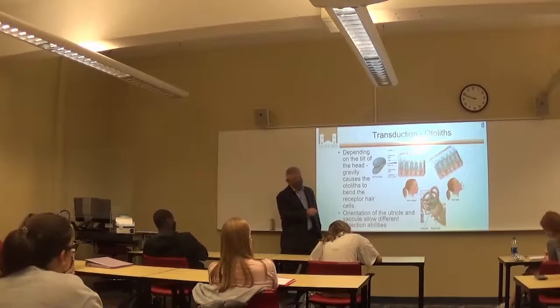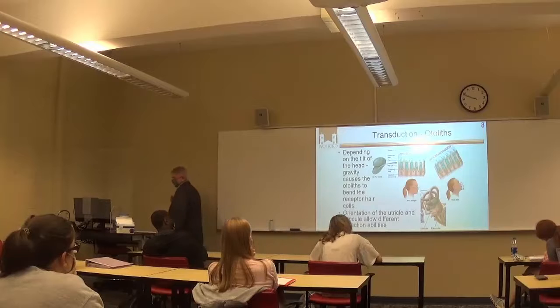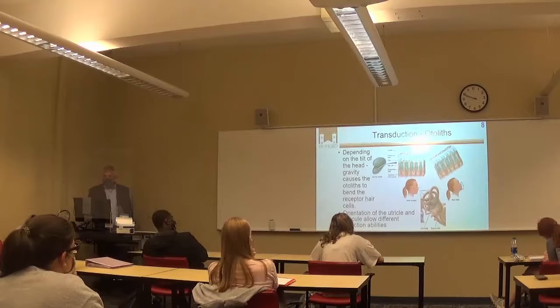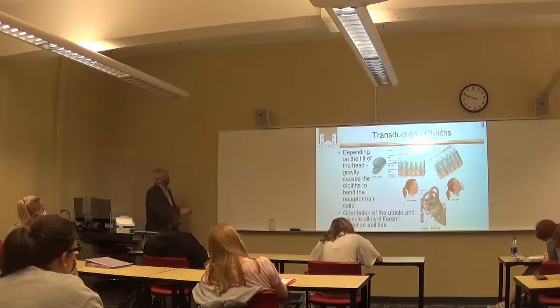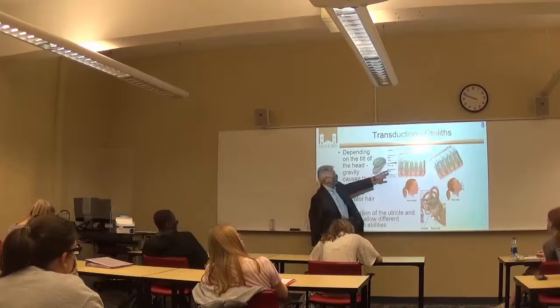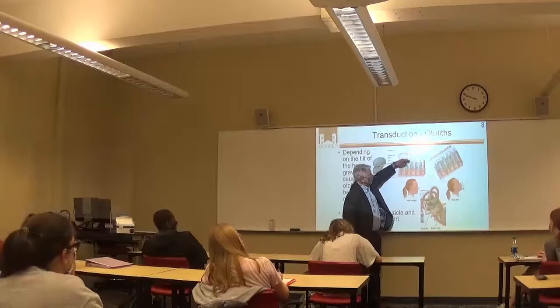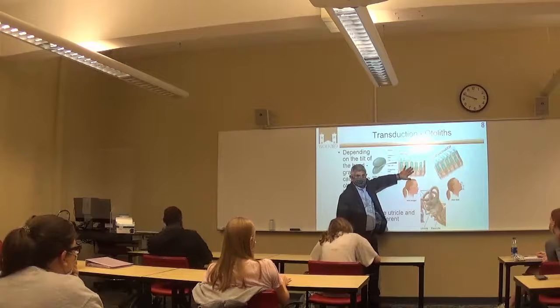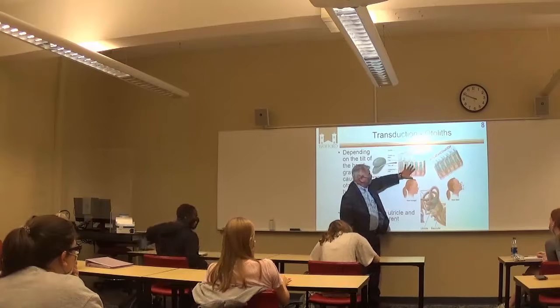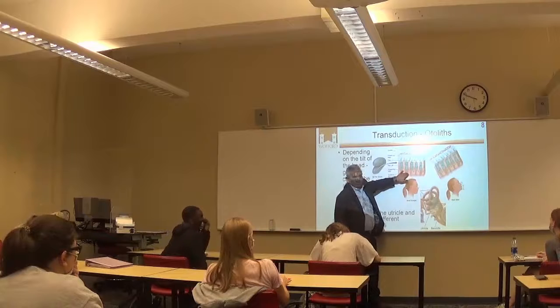They're like little rocks called otoliths, essentially. And so when we're standing upright, those otoliths are being stimulated in a way. Those rocks are sort of bending these hair cells to cause signals, right? That's the transduction, that are then sending signals to the brain.